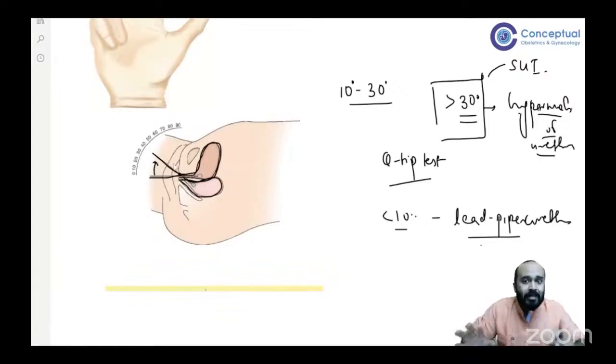In this scenario, a surgery for SUI may not be the best thing for her, and there are other alternatives we would want to do, but this is indicative of internal sphincter deficiency. It has become so rigid that the Q-tip, the swab, is not moving at all. This is the Q-tip test.